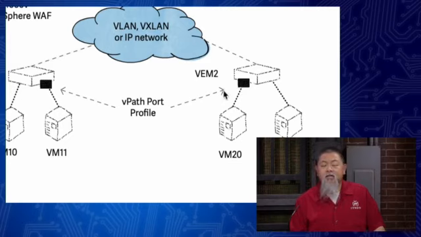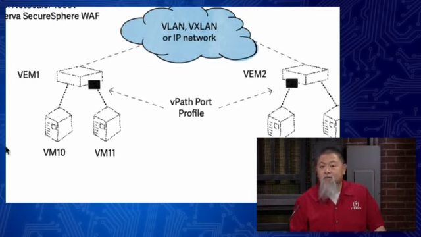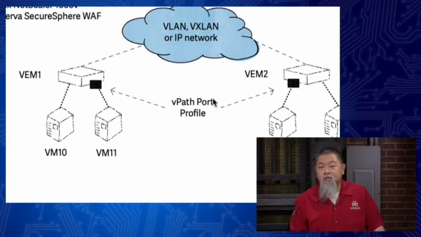It actually allows me to create a template that can be applied and then distributed across the switches that I want, and on the interfaces that I want. So that means instead of having to reconfigure everything along the path, I simply create the vPath port profile that includes the ability to do some traffic steering.